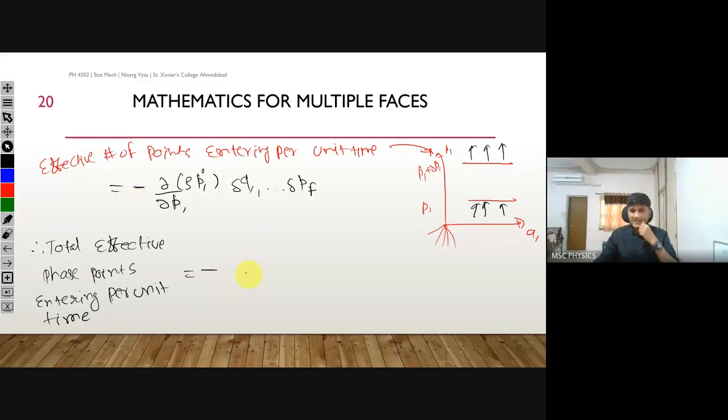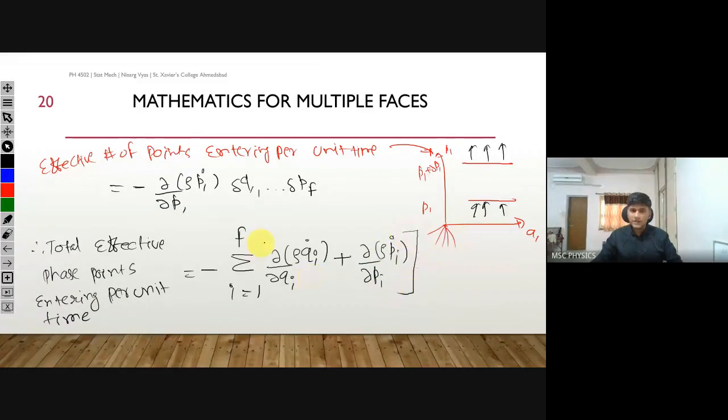It is just, let's take the negative out common, sum over i equal to 1 to f, del by del qi of rho qi dot plus, because this is also minus, we took minus out common, del by del pi of rho pi dot, and outside of this you have the multiplication of delta Q1 up to delta Pf.